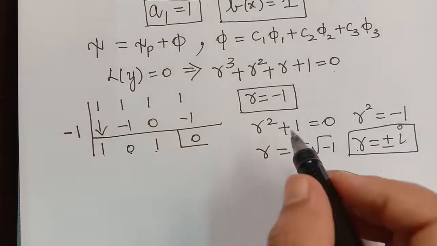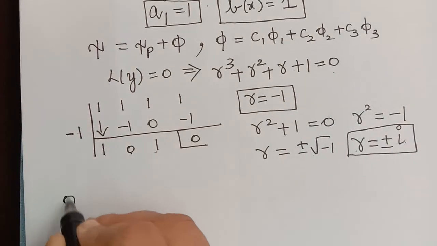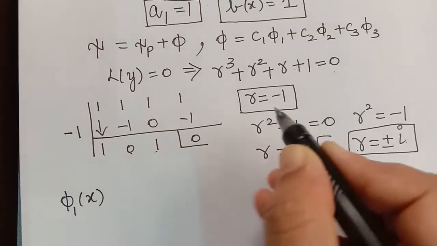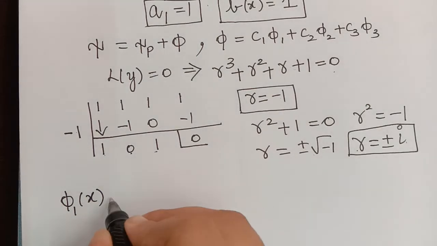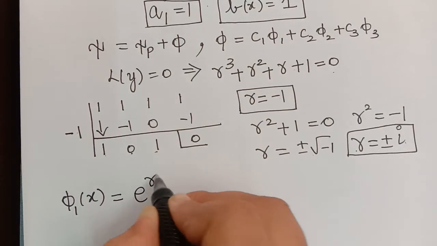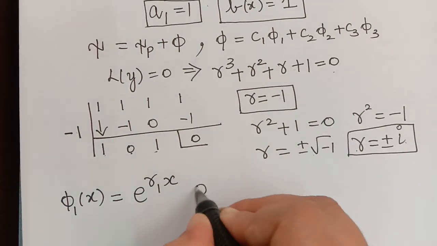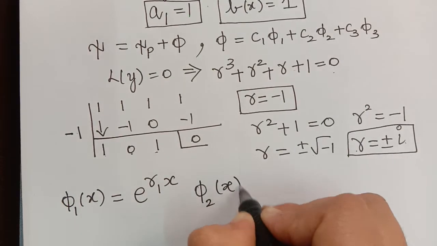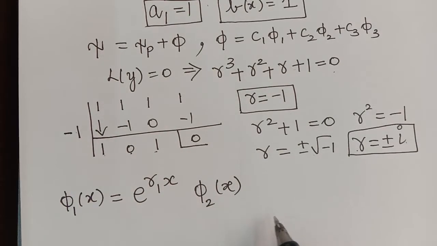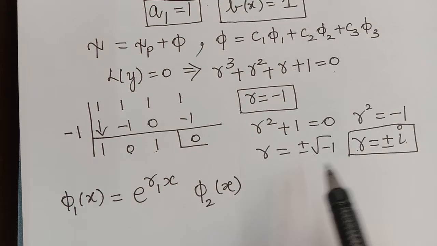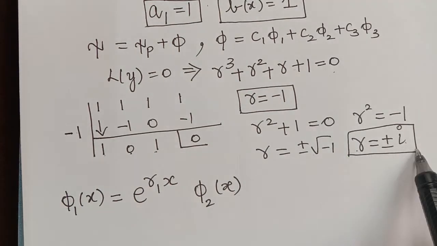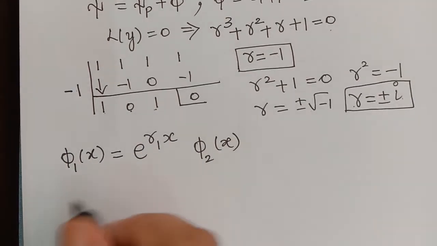Because we have three roots here, and all three roots are distinct, phi 1 of x would be e power r1 x, and then phi 2 of x we have to write. But we observe that the roots are imaginary, so we can take it like this.